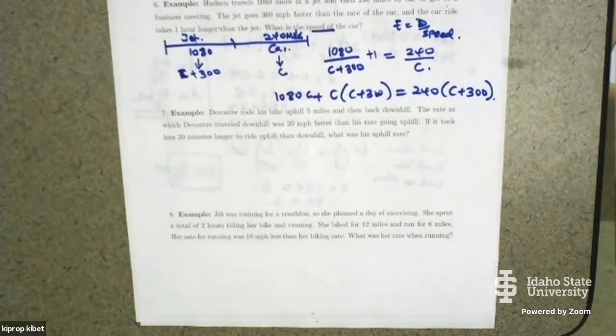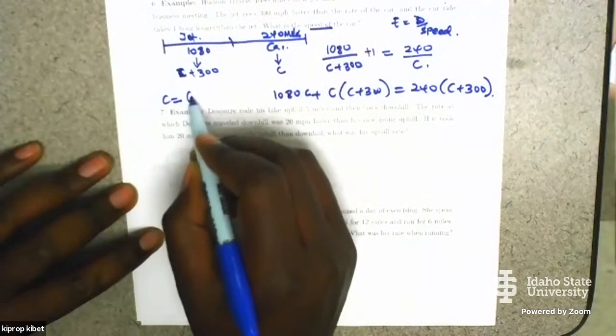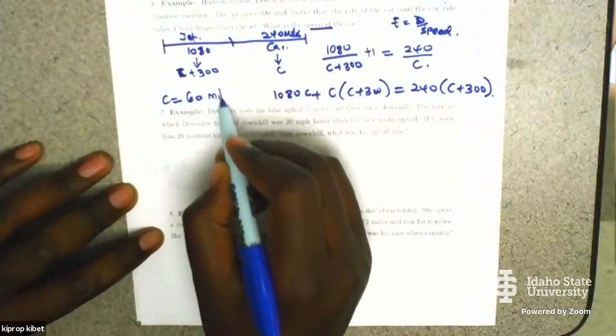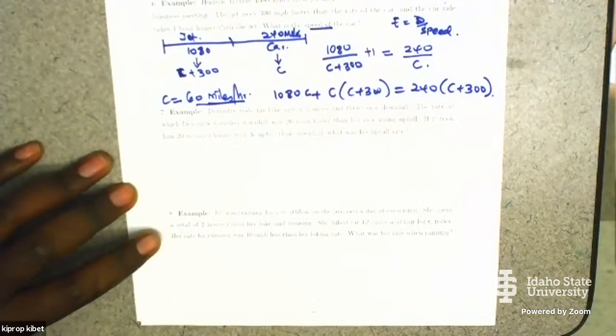Then you open the brackets, find the C, and you should get C equals 60.